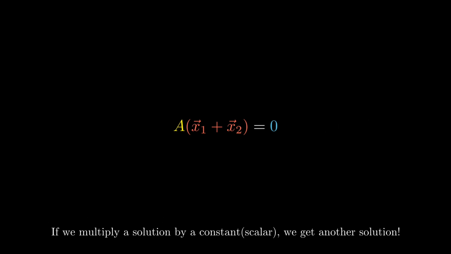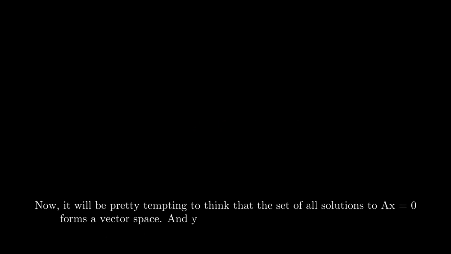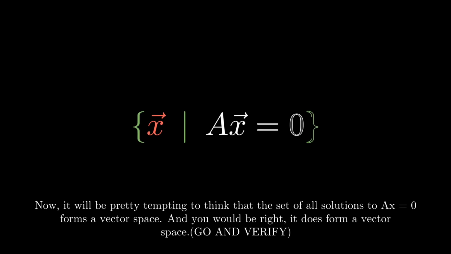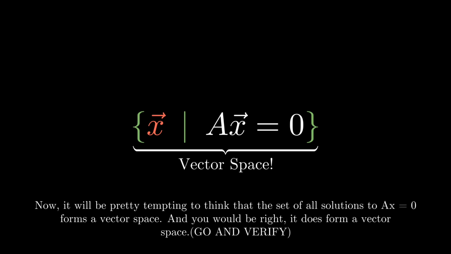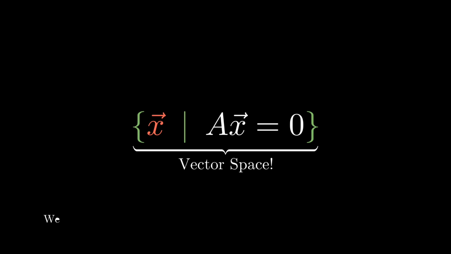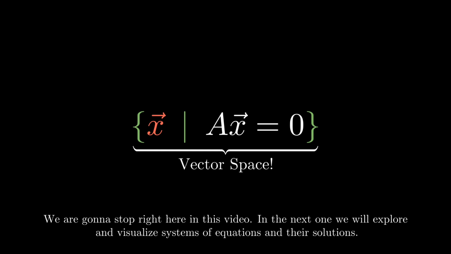If we multiply a solution by a constant, we get another solution. Now, it will be pretty tempting to think that the set of all solutions to Ax equals 0 forms a vector space. And you would be right, it does form a vector space. We are gonna stop right here in this video. In the next one we will explore and visualize systems of equations and their solutions.